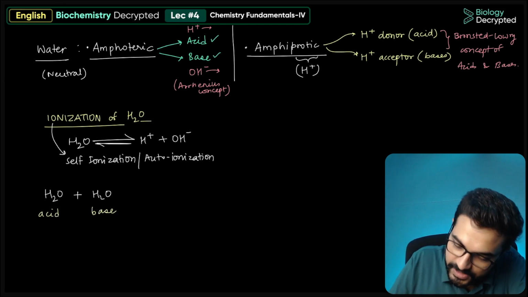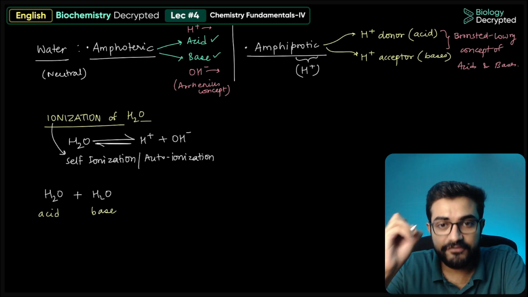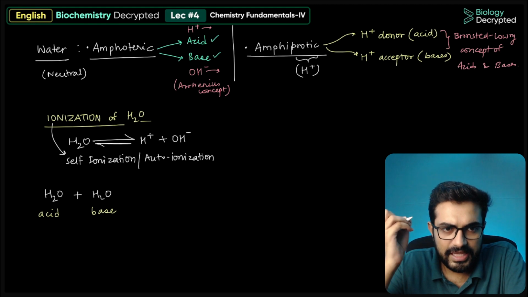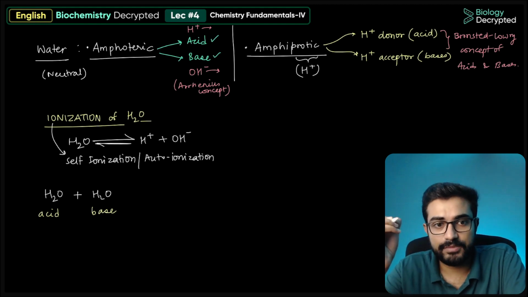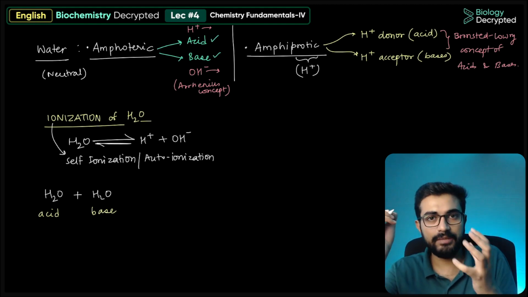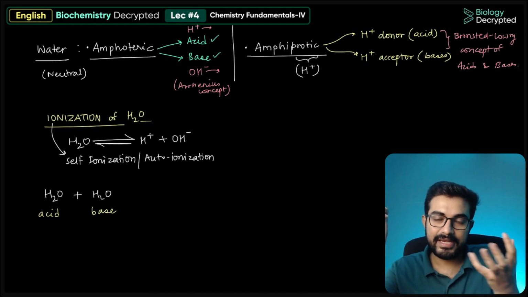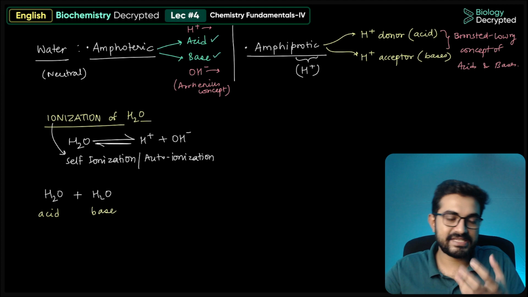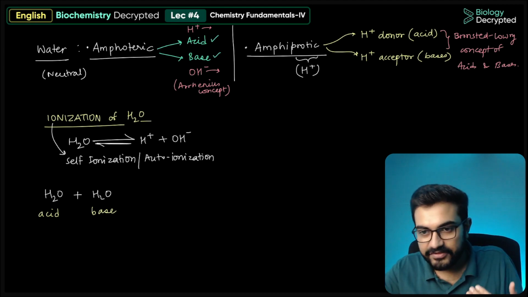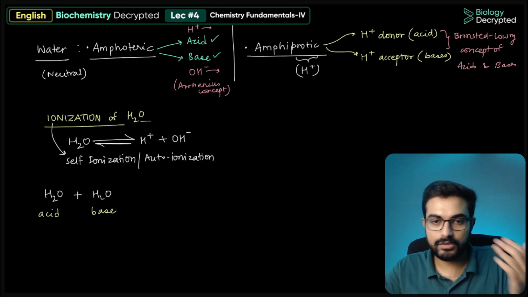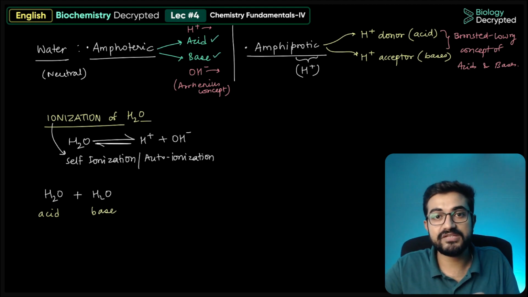Now, you should remember that, according to the Bronsted-Lowry concept, every acid has a conjugate base, because every acid will give H plus and the remaining part will be known as a conjugate base. Similarly, every base can accept an H plus ion, and it can have a conjugate acid.